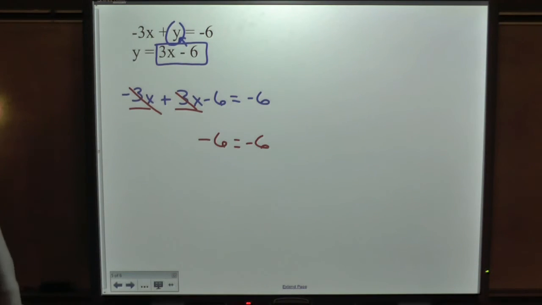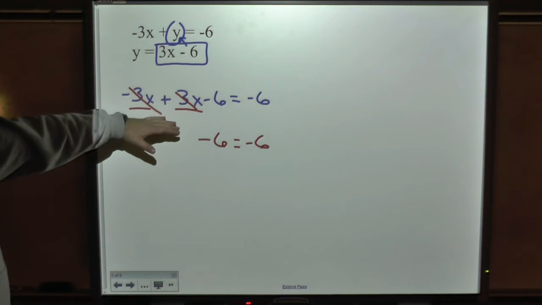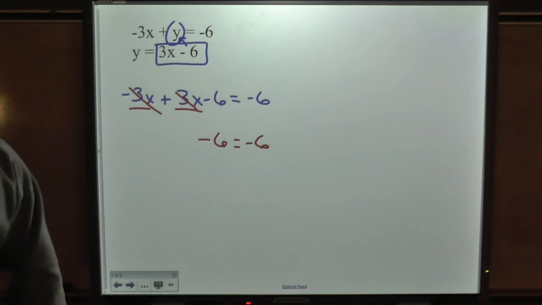So, a lot of people get to this point and they freak out. Don't. This is a special case. The nice thing about this special case is you don't have to go any farther. As we look at this special case, and we've talked about this when we solved equations before, you've eliminated the variable. By eliminating the variable, you've now ended up with a statement. -6 is equal to -6.